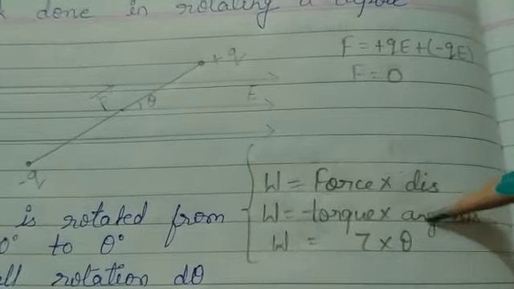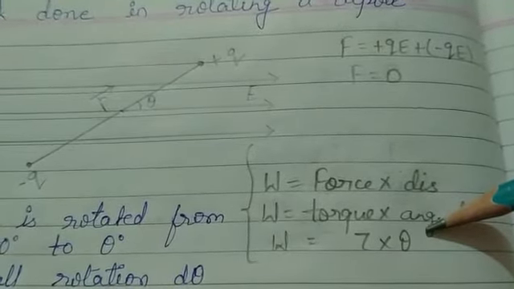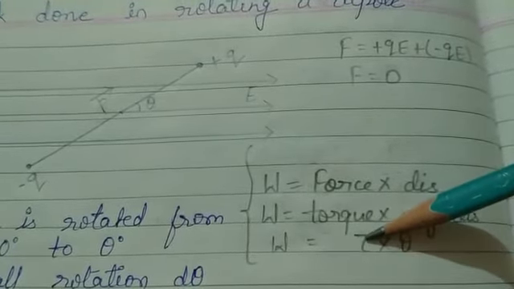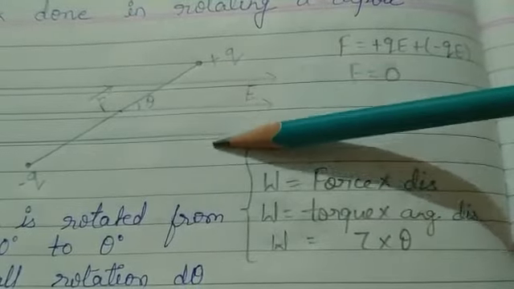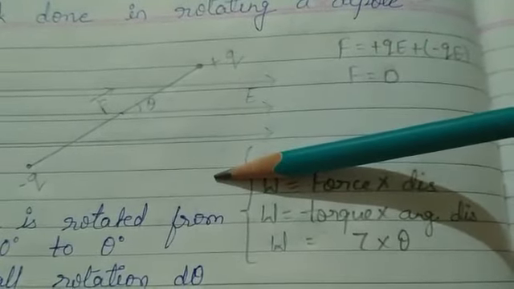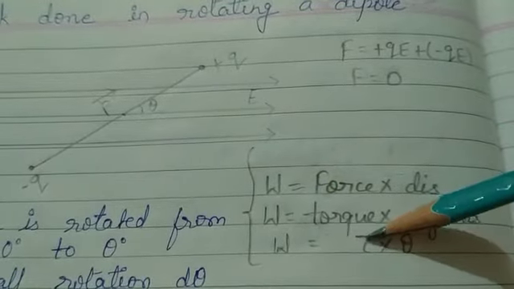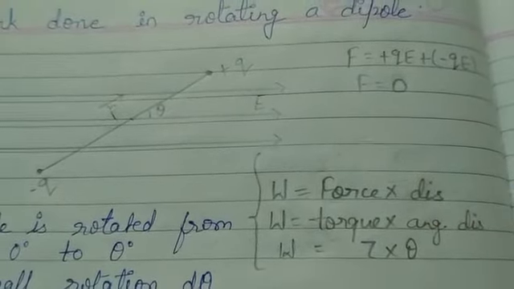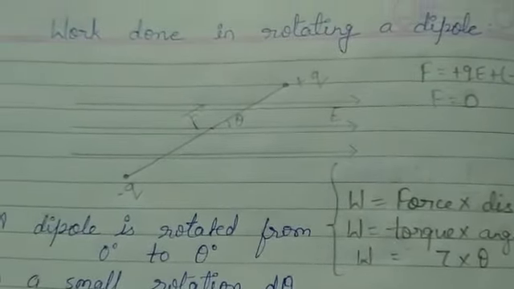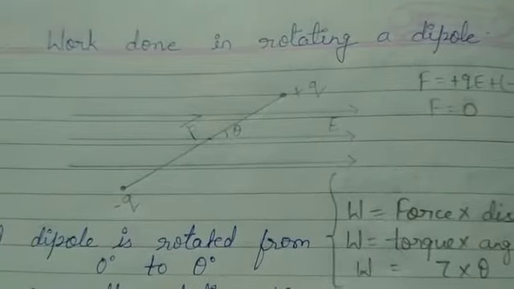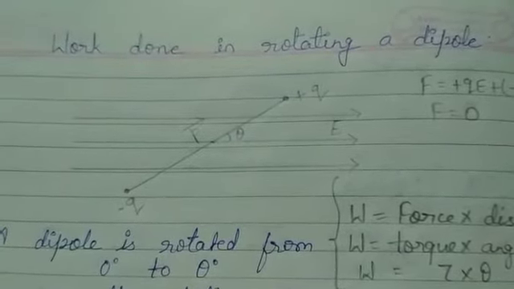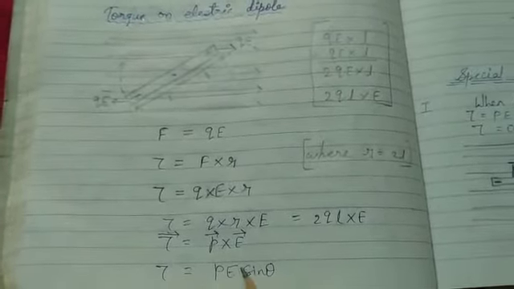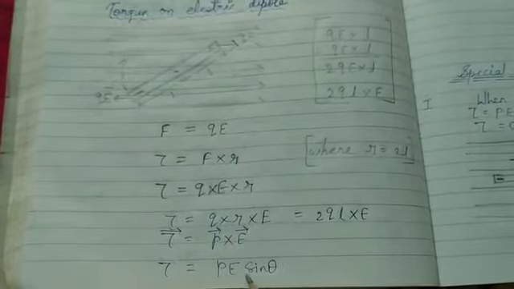But this value of work is applicable when the torque remains constant in the overall rotation. If torque is constant, then W equals tau into theta. But in case of torque, we have seen that it changes as the value of theta changes. When we studied torque, we got the equation tau equals PE sin theta.